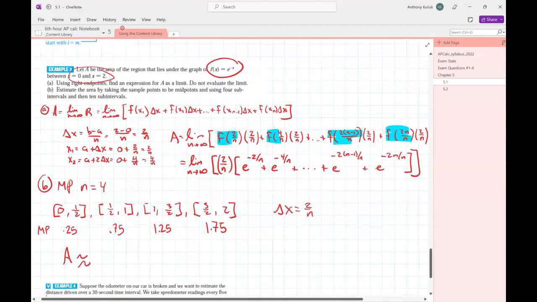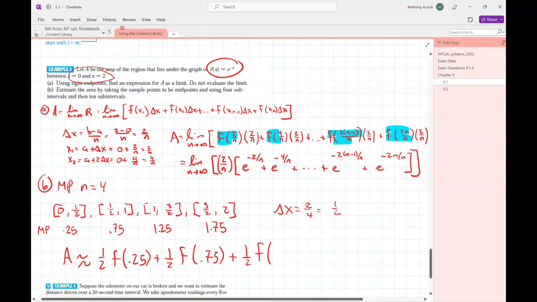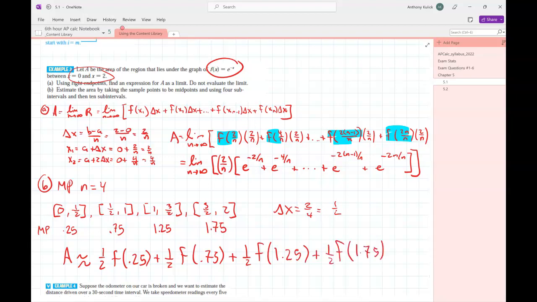So my area is approximately, and n is just 4, so I'd have 1/2 times f of 0.25 plus 1/2 times f of 0.75 plus 1/2 times f of 1.25 plus 1/2 times f of 1.75.